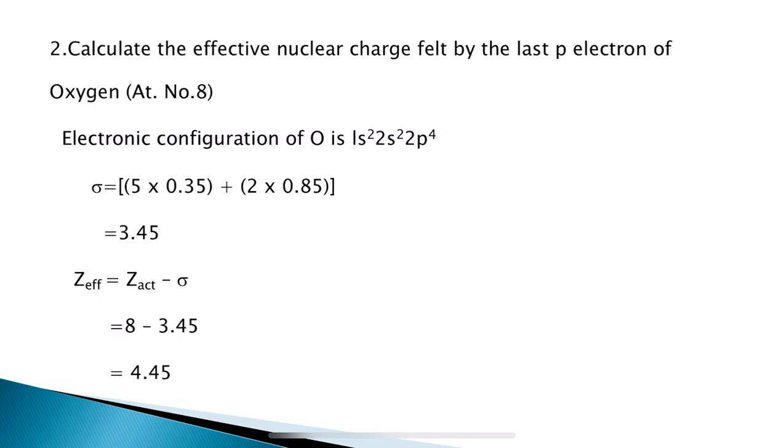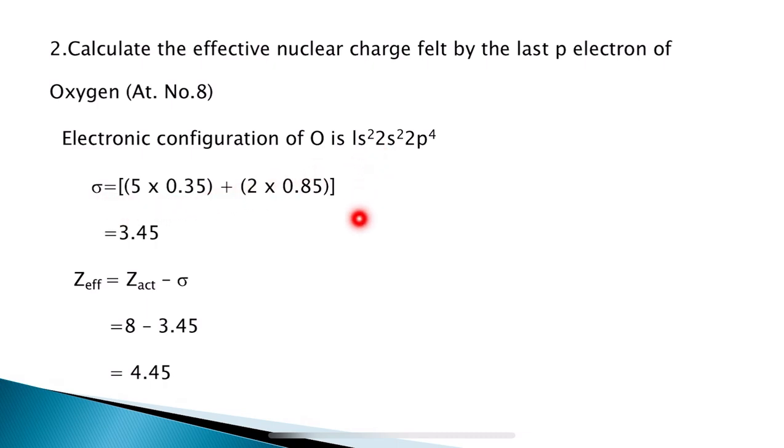Similarly, this is another example. Here they have asked us to calculate the effective nuclear charge felt by the last p electron of oxygen, and the atomic number of oxygen is equal to 8. Just like how we solved for sodium, we have to write down the electronic configuration of oxygen, which is 1s2, 2s2, 2p4. Now we will calculate sigma.